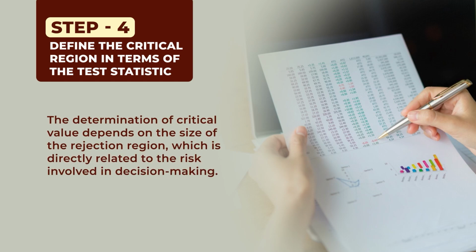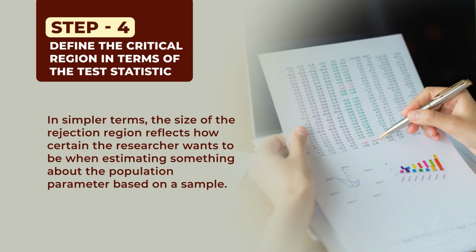The determination of critical value depends on the size of the rejection region, which is directly related to the risk involved in decision making. In simpler terms, the size of the rejection region reflects how certain the researcher wants to be when estimating something about the population parameter based on a sample.